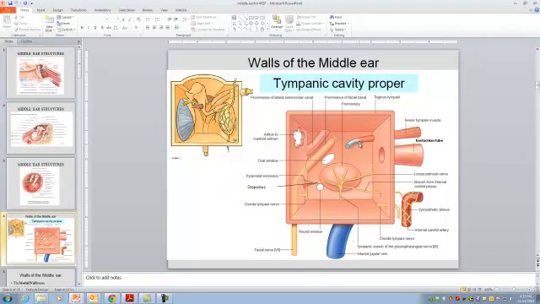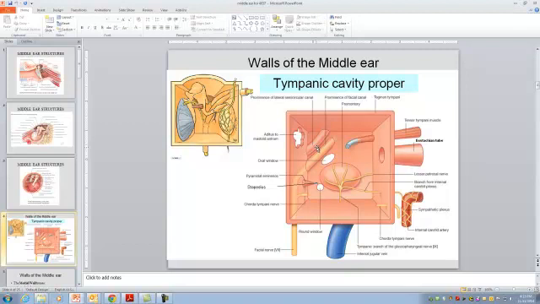The medial wall: there's a nerve that courses right through it, and the cochlea is just on the other side. The eardrum is on the lateral surface. The tegmen tympani and the meninges are just superior. The eustachian tube empties out from the inferior aspect of the middle ear space.